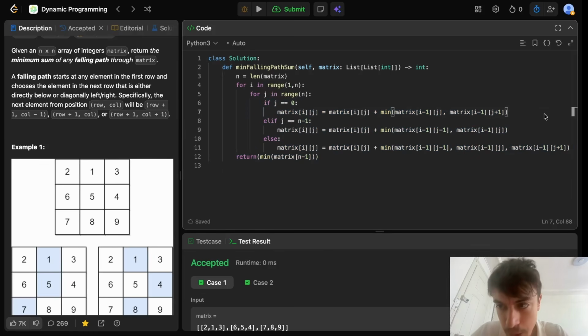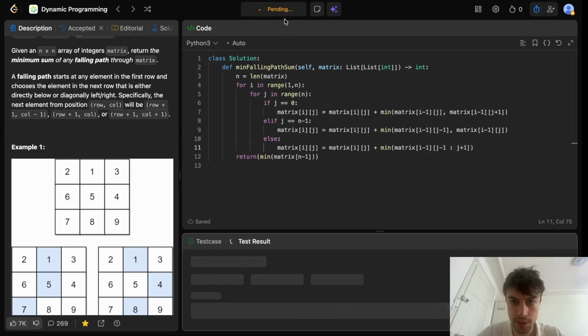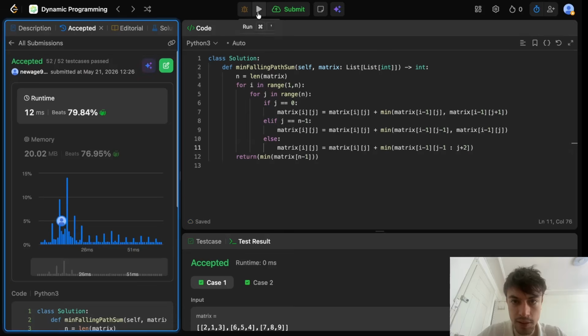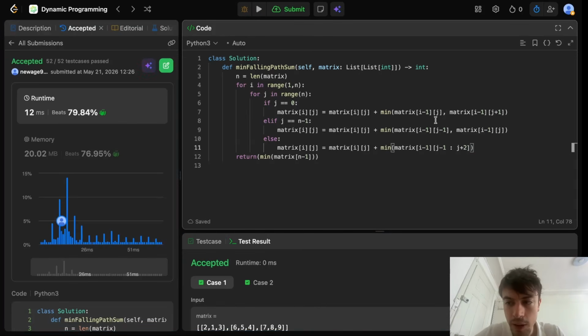For example, instead of all of this, we can just write j minus 1 to j plus 1. This should work anyway, right? No, it doesn't, because maybe we need j plus 2. Yes, okay. Actually, this way I can avoid using the if statements. What if I write the maximum between j minus 1 and 0, and the minimum between j plus 2 and n?